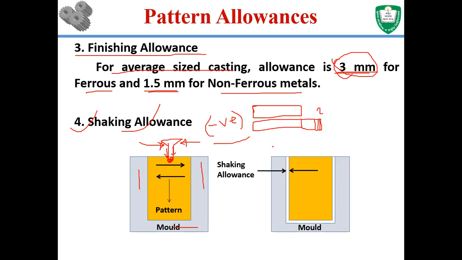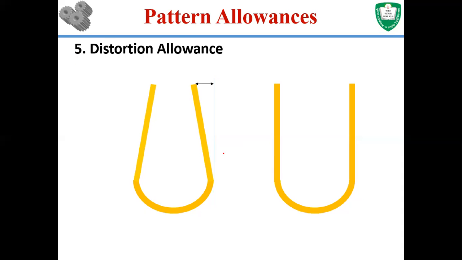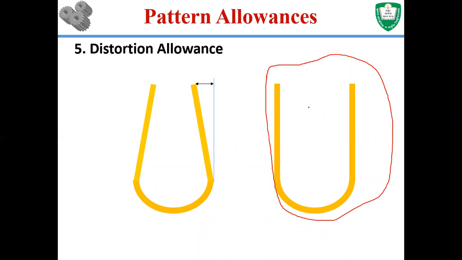And there is a final one that is called distortion allowance. When you want to manufacture thin parts using casting, what happens is that if you produce a mold like this, a cavity like this, after solidification the material has a tendency, because of the residual stress during solidification, that the final product, when you take it out from the mold, will be expanded on this side.